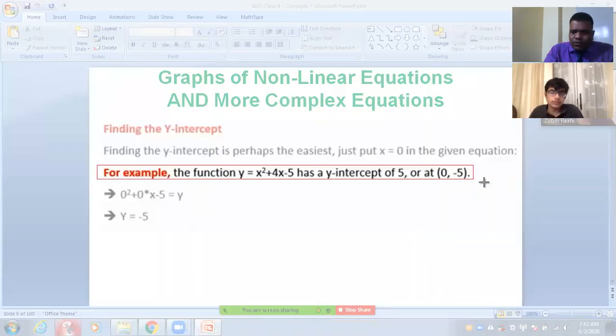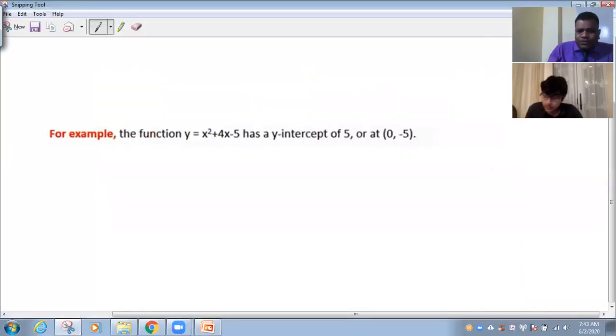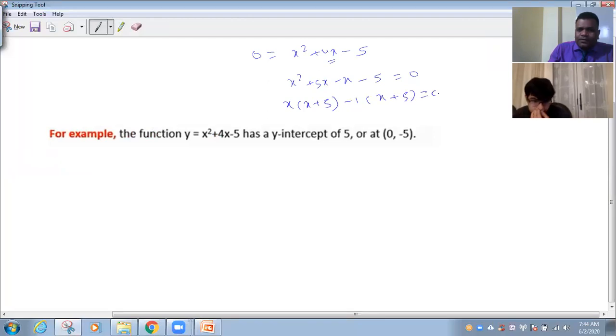So if you want to know the x-intercept, as I told you, put y equal to 0. So 0 equals x squared plus 4x minus 5. So (x plus 5)(x minus 1) equals 0. x equals 1 and x equals minus 5.